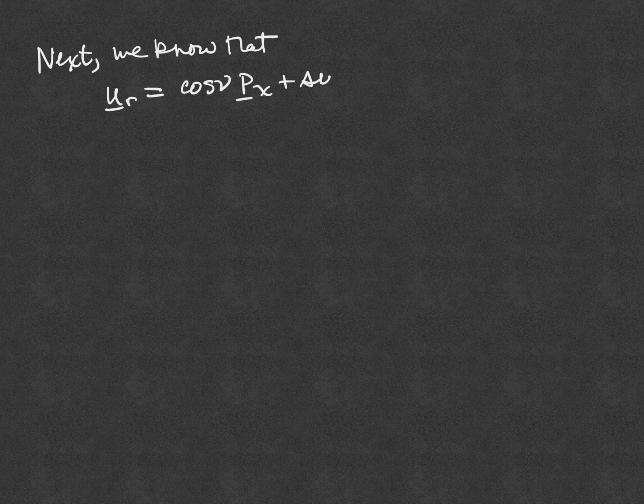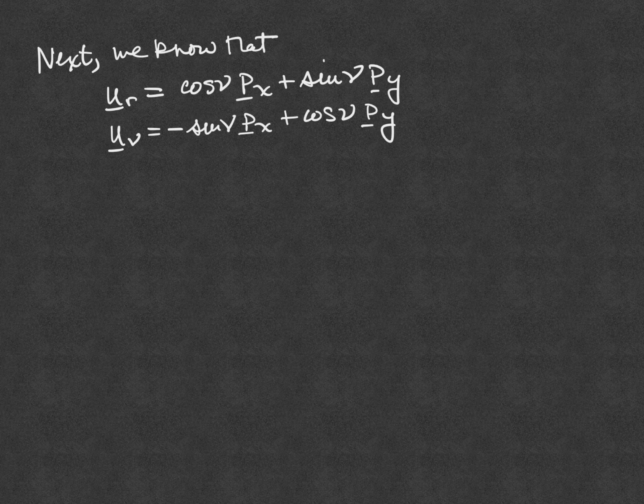So next, we know that u R is equal to cosine of nu times p x plus the sine of nu times p y, and u nu is equal to minus the sine of nu times p x plus the cosine of nu times p y.